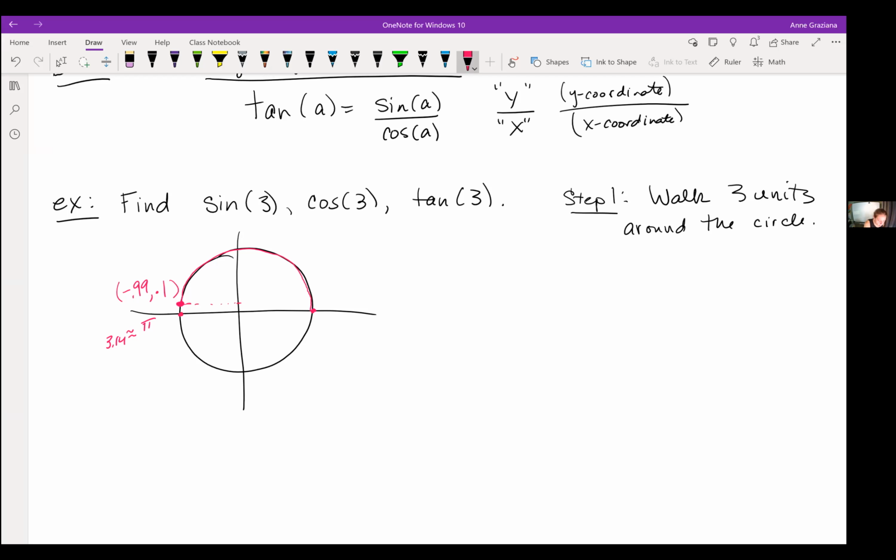All right, so now let's look at our function. Let's look at sine of 3. This is our input. We're putting in 3. What am I going to get out? Which number should be my output?